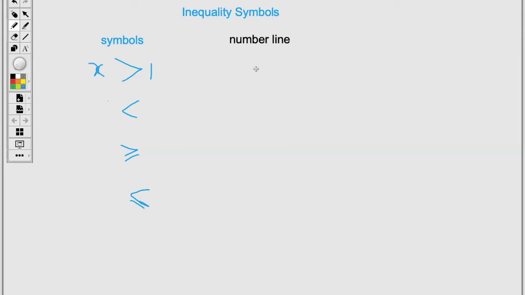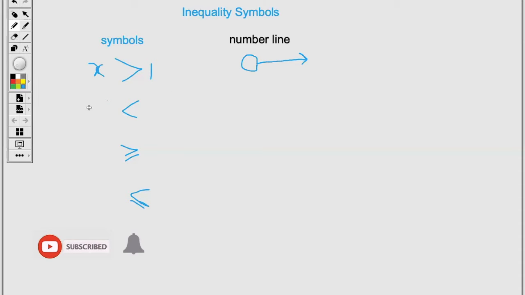Because it's strictly greater, I will have an unshaded circle on my number line. The unshaded circle means I'm not using 1. Drawing this line going to my right tells me I'm covering the area larger than 1, so I'm going towards positive infinity.